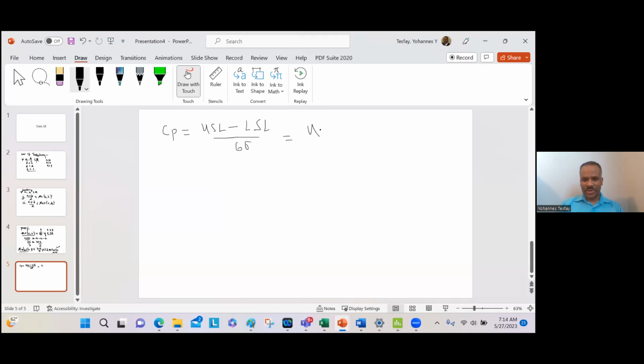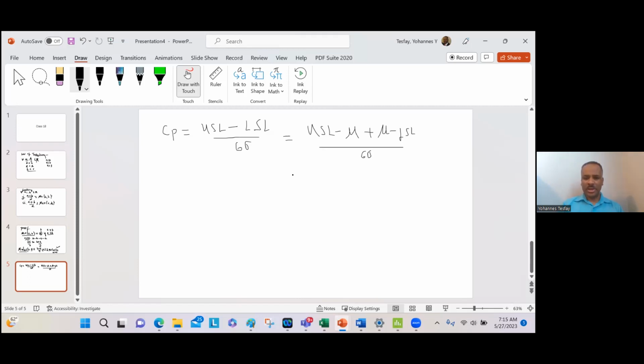Upper specification limit minus the mean plus mean minus lower specification limit. You see? እዚህ ጋር ደመርኳት እዚህ ጋር ቀነስኳት ማለት ነው። ተጓፈና እዚህ ጋር ቀነስኳት። ስለዚህ ይሄ ምን ይሆናል ማለት ነው? divided by 6 sigma. Okay?